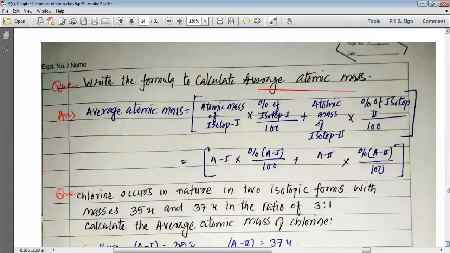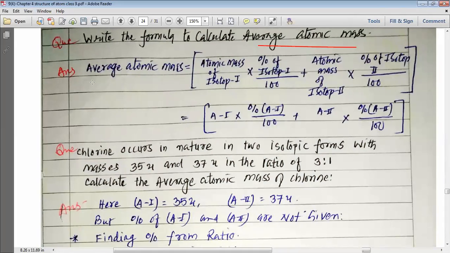First, let us see the formula. Average atomic mass is equal to the atomic mass of isotope 1 multiplied by the percentage of isotope 1 divided by 100, plus the atomic mass of isotope 2 multiplied by the percentage of isotope 2 divided by 100. That means we need the percentage of isotopes when we want to calculate the average atomic mass.